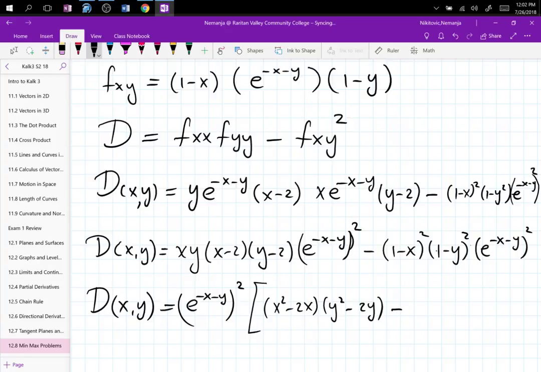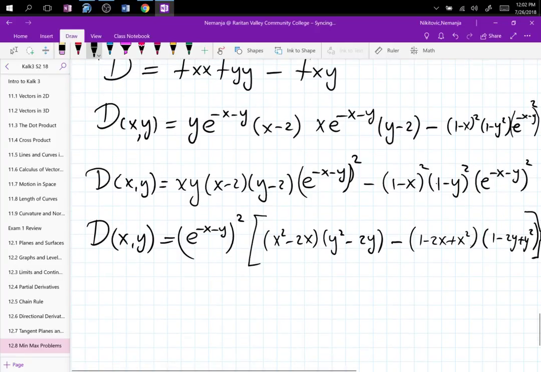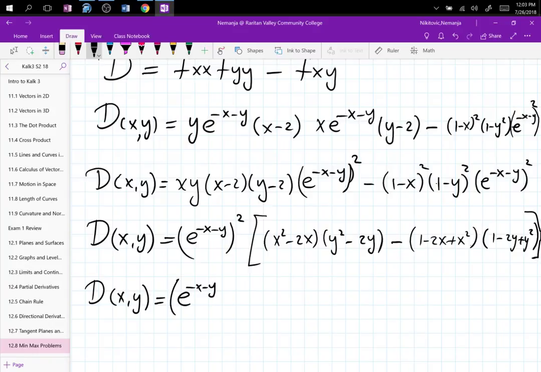And then from that, I'm subtracting these guys, which is the product of 1 minus 2x plus x squared times 1 minus 2y plus y squared. There we go. And I only need to deal with the algebra of polynomials. I don't have to worry about the e piece, because the e piece is always positive, and that will not impact the equation at all. Again, we don't care about the value of d, we only care whether it's positive or negative.